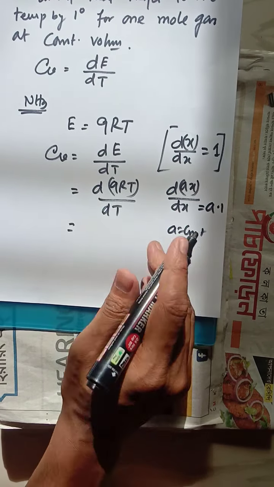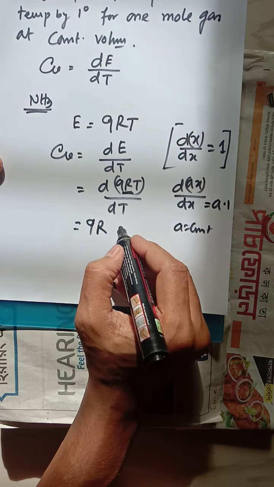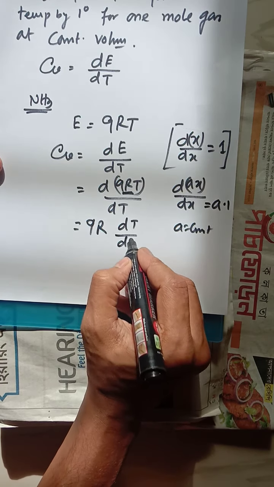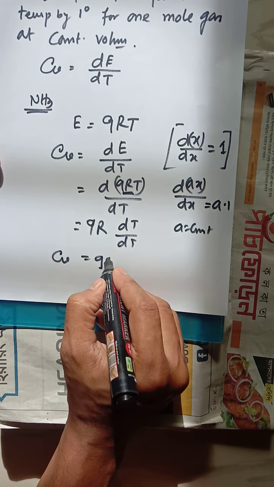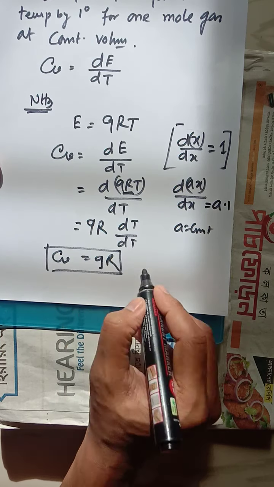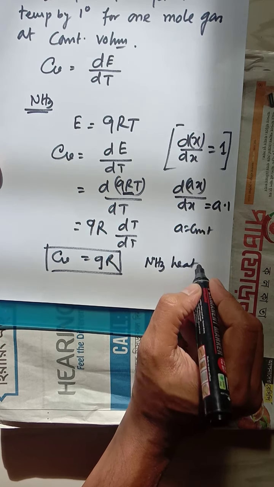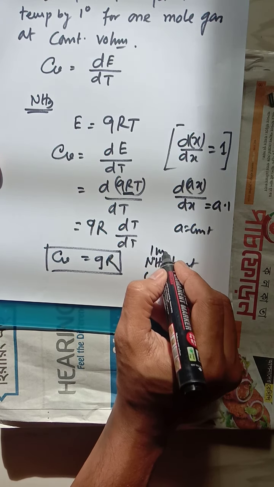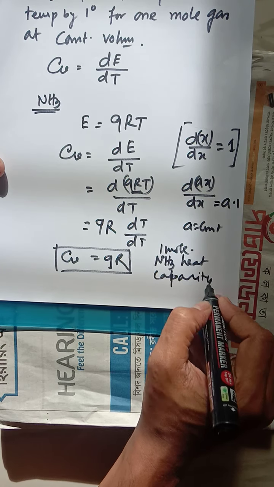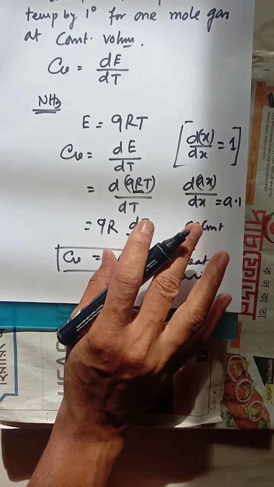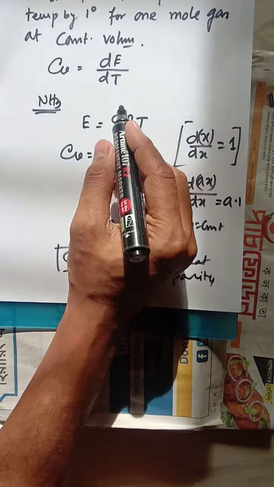This part is the constant term, so it is taken out, and dT by dT becomes 1. So ultimately Cv becomes 9R. This is the heat capacity of 1 mole of NH3.